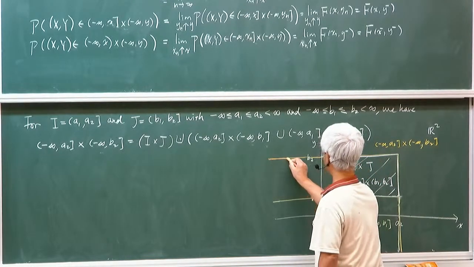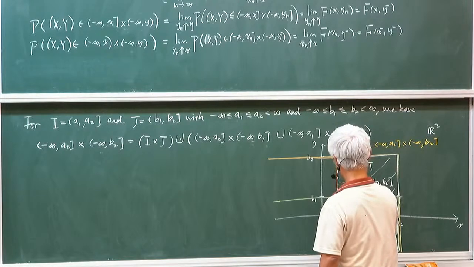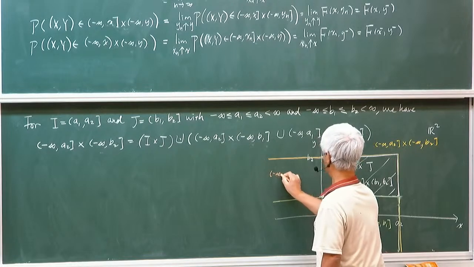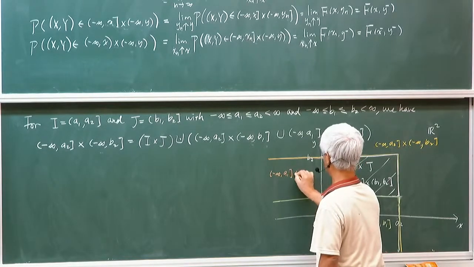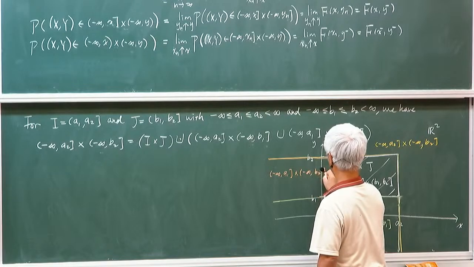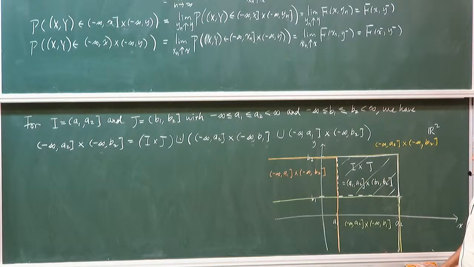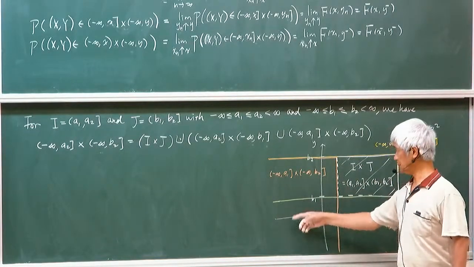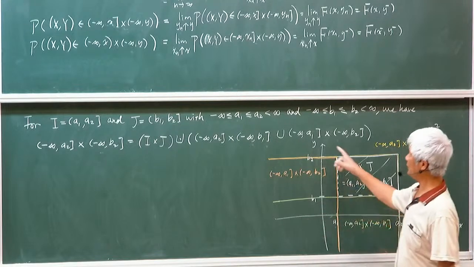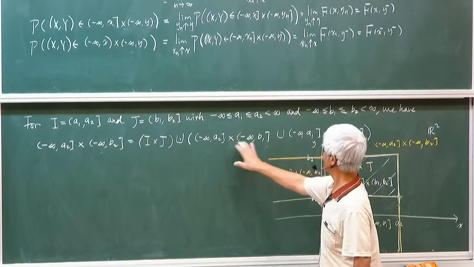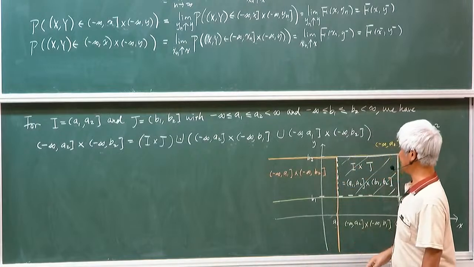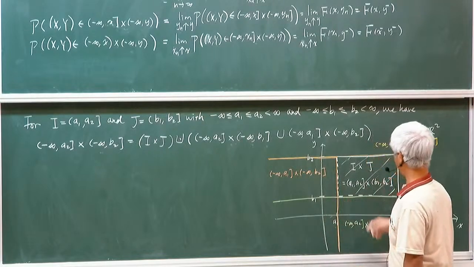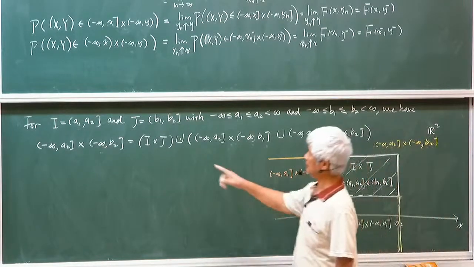And the other one is here. This orange part would be A1 times B2. But the orange part and the green part have an intersection here. So these two infinite rectangles are not disjoint from each other, so I just take the union only. Okay, so you have that.